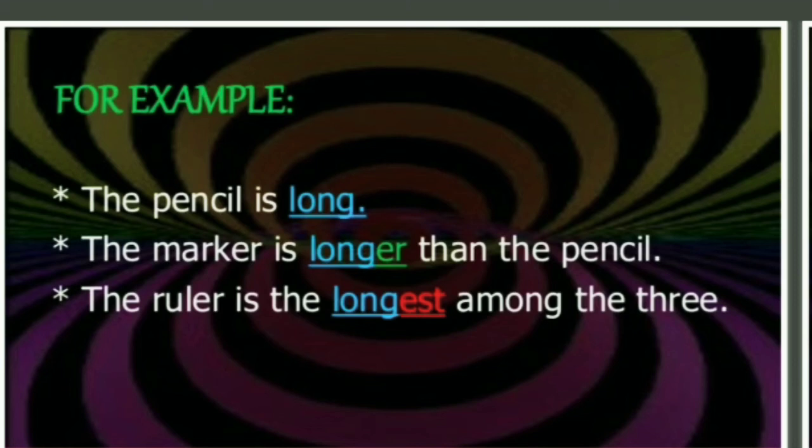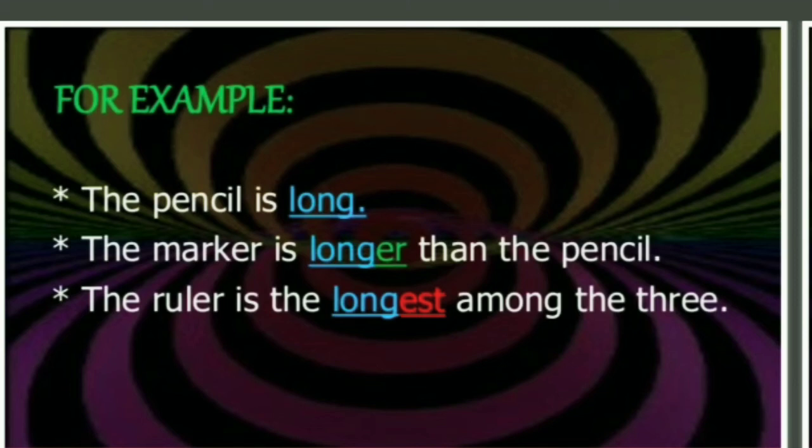For example, if I say Burj Khalifa is the tallest building in the world, I am comparing Burj Khalifa to all the buildings of the world. So I'll use tallest, the superlative form. I'm not comparing Burj Khalifa with my building. If I compare Burj Khalifa with my building, then I'll use the comparative degree. But here I'm using superlative because I am comparing one thing to the whole group of those things.